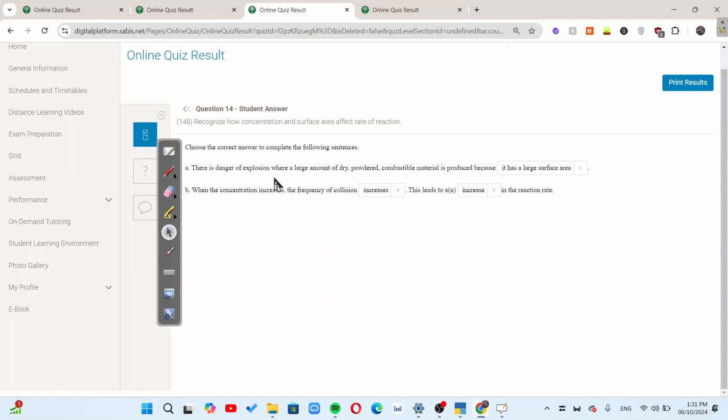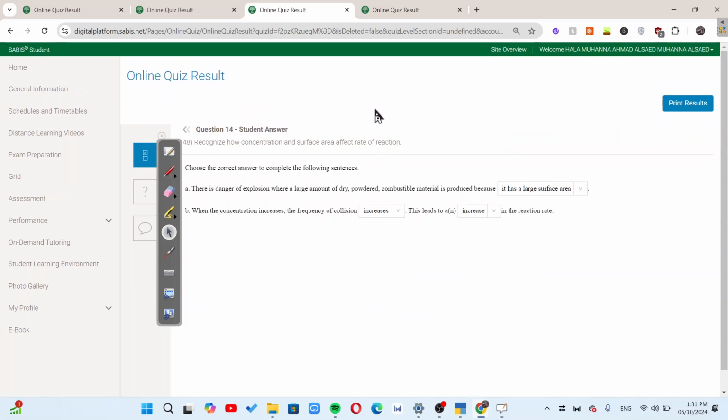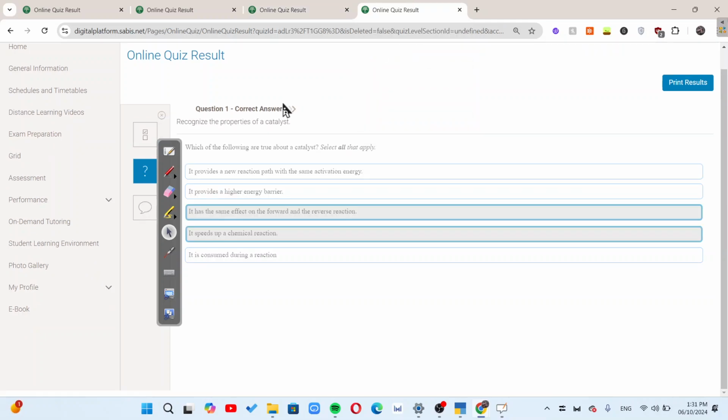It's going to explode more forcefully, more violently, because powder is worse than lumps since it has a larger surface area. So when the concentration increases, the frequency of collisions increases, and this leads to an increase of the reaction rate. This is really obvious. So I'm going to go on to our final quiz.